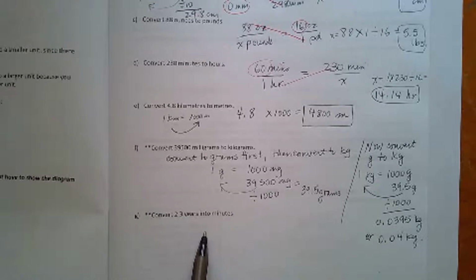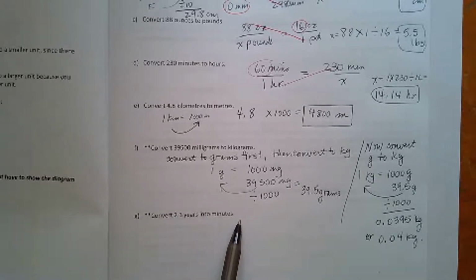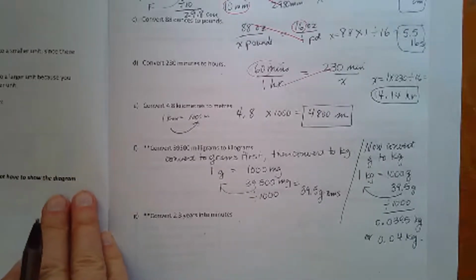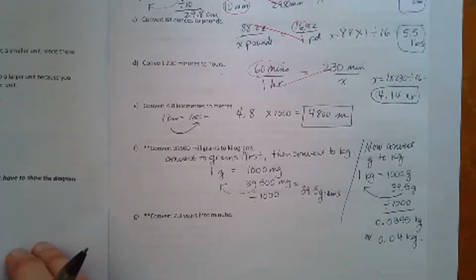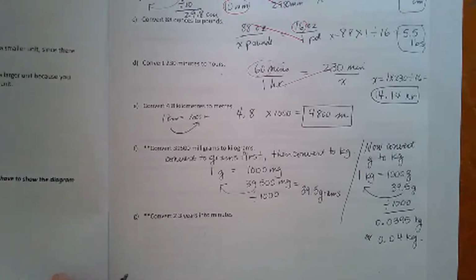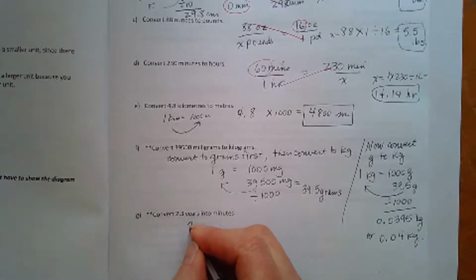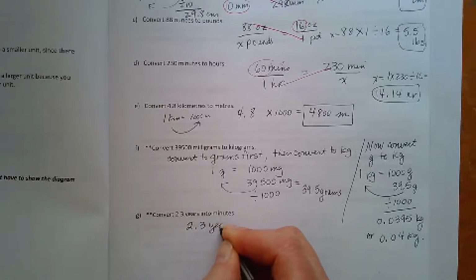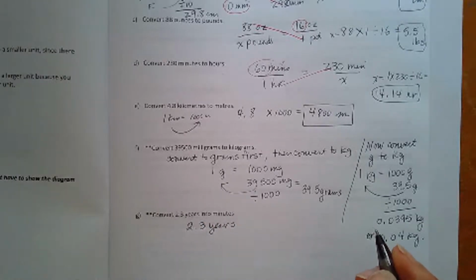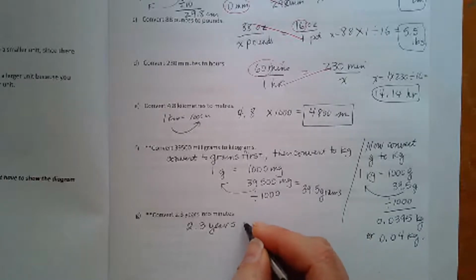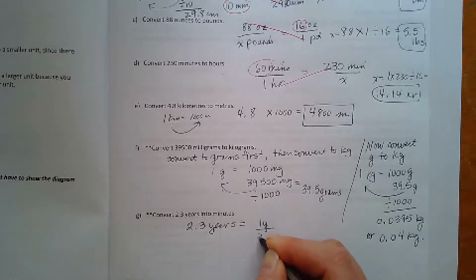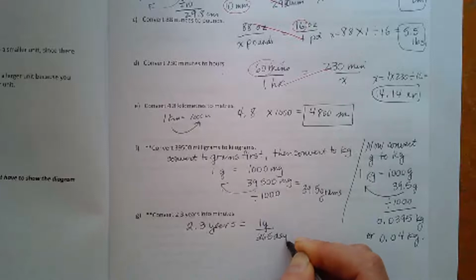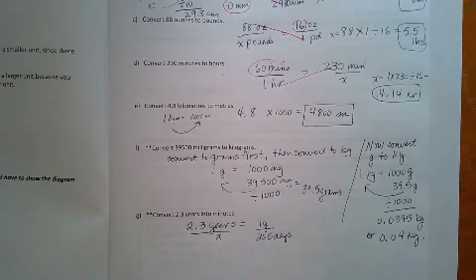All right, let's do this double star one again. Convert 2.3 years into minutes. I think same thing, right? Well, I guess what are we going to do first? Let's take 2.3 years. Let's figure out how many days that would be. 1 year is 365 days.